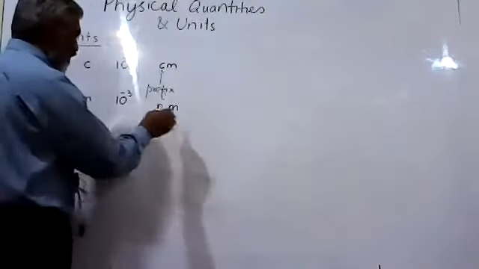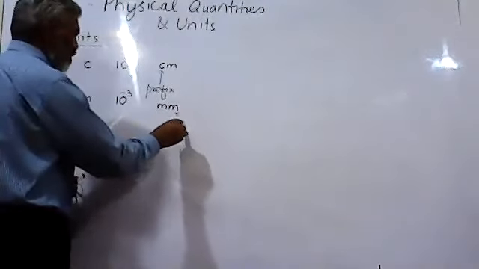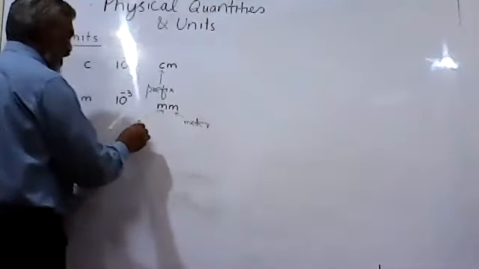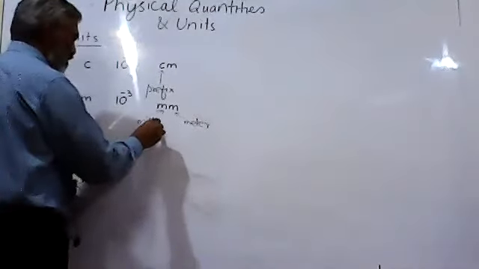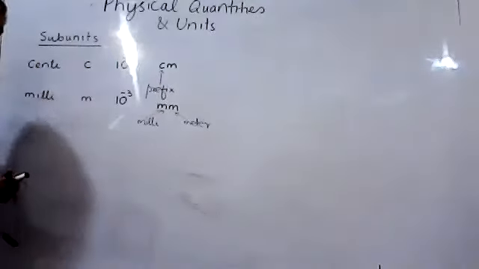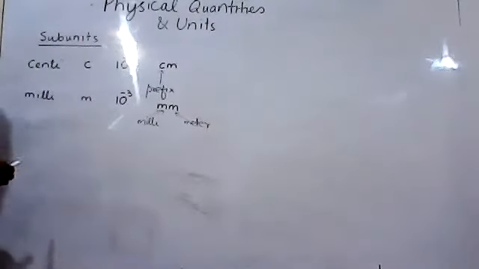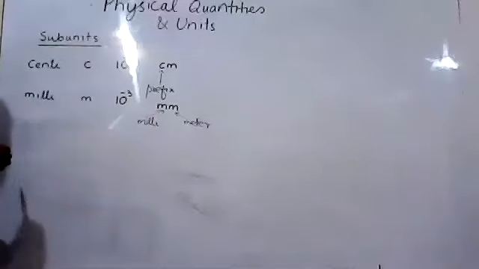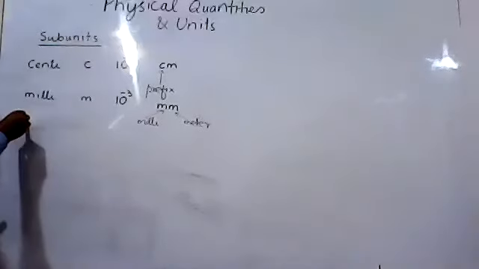So both are small m's, but this is for meter, and this is the prefix milli. So millimeter. And if the measurement is even smaller, 1/1,000,000th of a meter, it is micro.